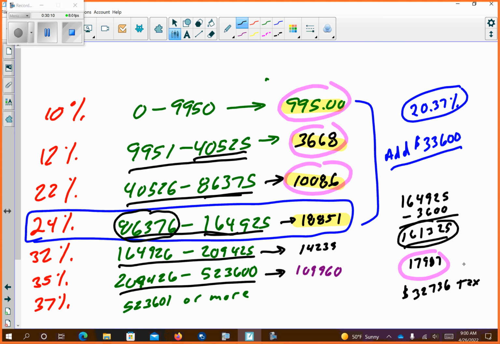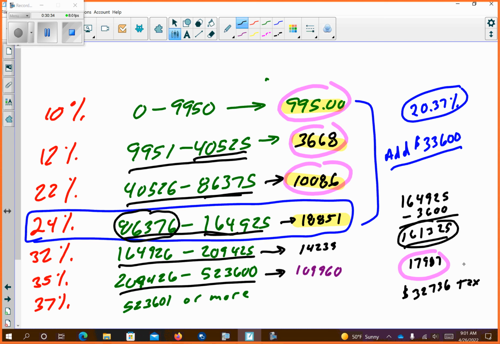Anytime I take a tax deduction, I lower what I make, which in this bracket, I probably won't be able to deduct enough. If I was making truly 164,925, I probably couldn't deduct enough to eliminate this row. Financially, I don't have enough to do that. Okay? But think about that billionaire.